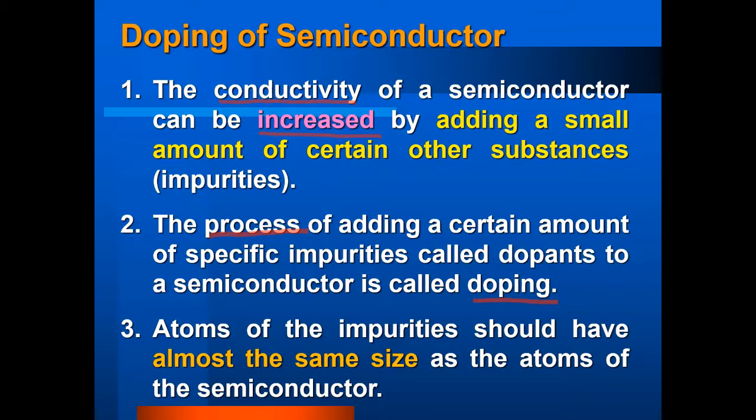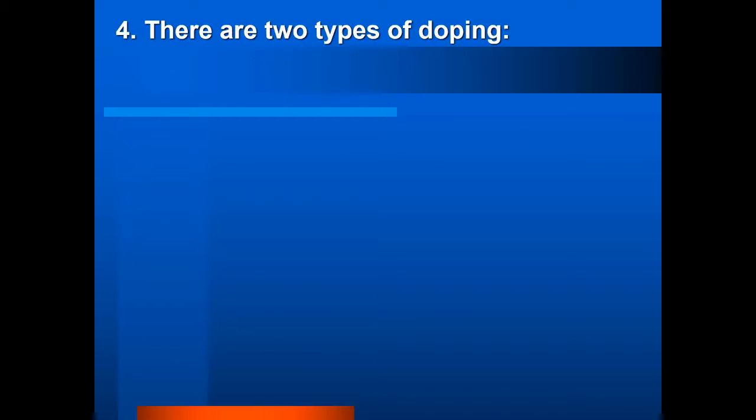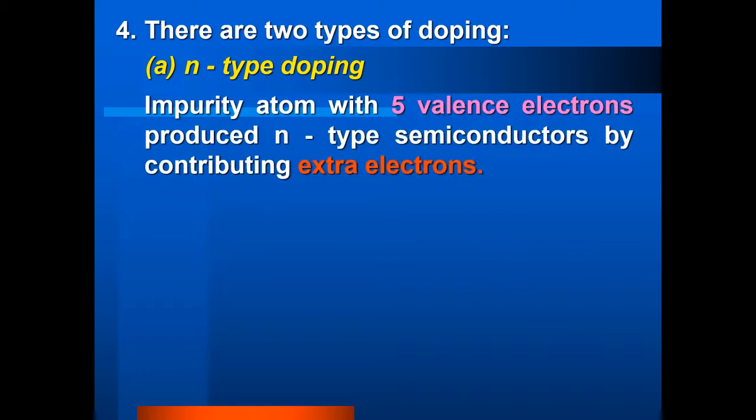Then we look at how adding the impurity will increase the conductivity of a semiconductor. We have two types of doping. One is N-type doping.